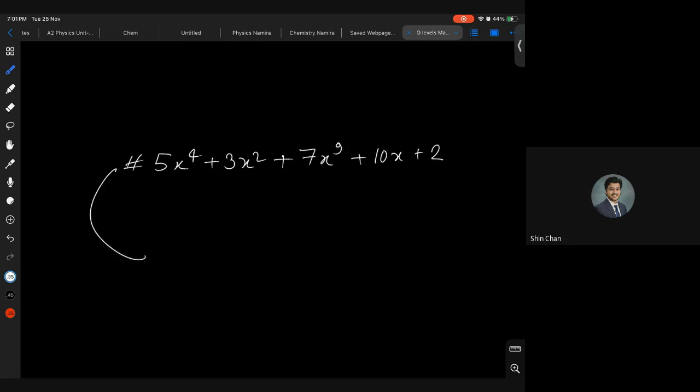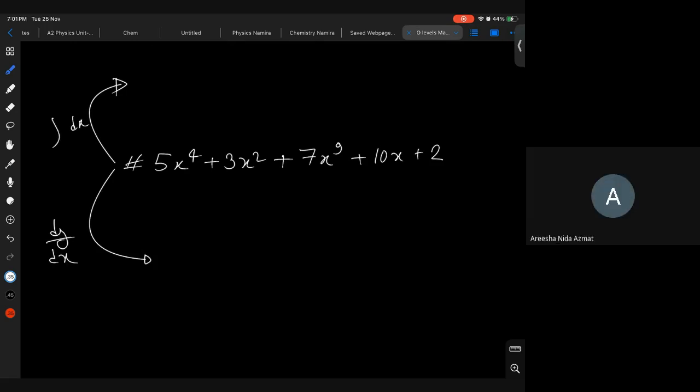At first, differentiate it and then integrate it. Do which one you like, it doesn't matter.